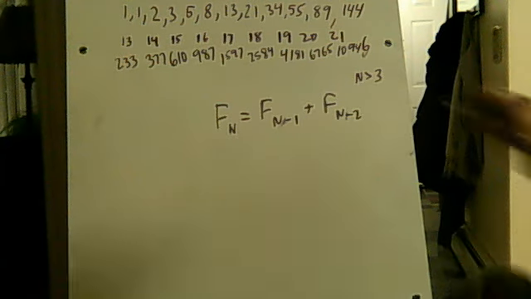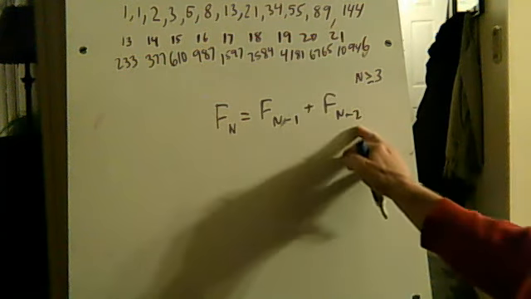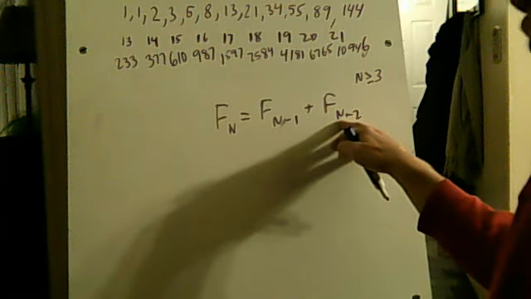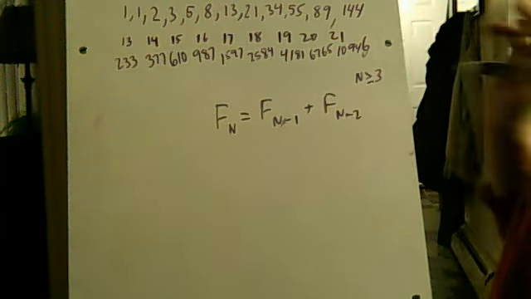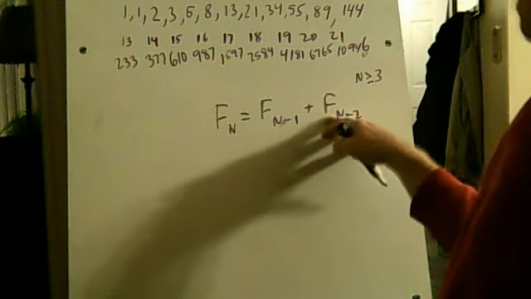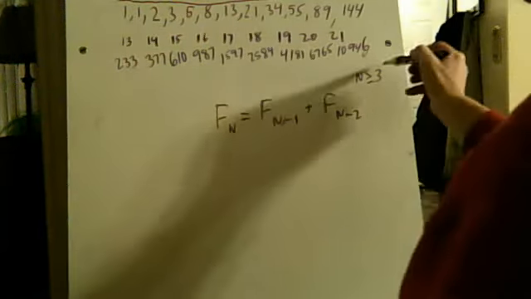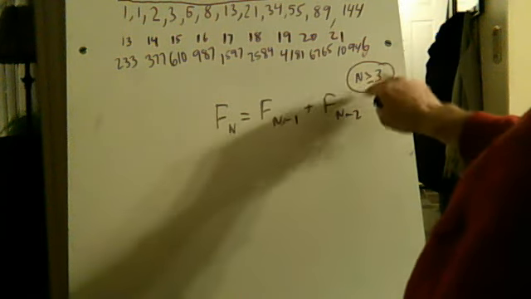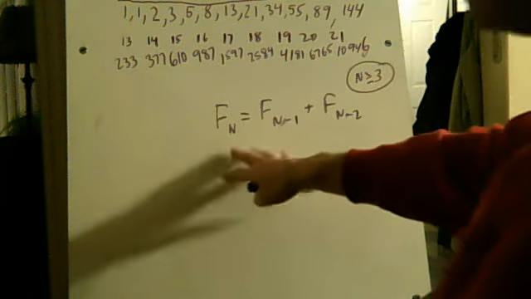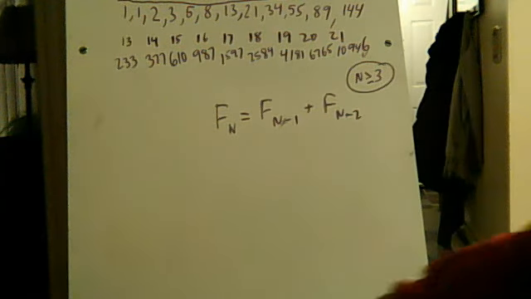Possibly also equal to 3 is fine. And the reason is because it involves the expression n minus 2. If you put in 3 there, that's okay. You get 1. If you put n equals 2 in this, this is going to say f0. But we don't have anything called f0. The Fibonacci numbers only start at 1. This is the Fibonacci recursive formula. It's really only valid when n is greater than or equal to 3.